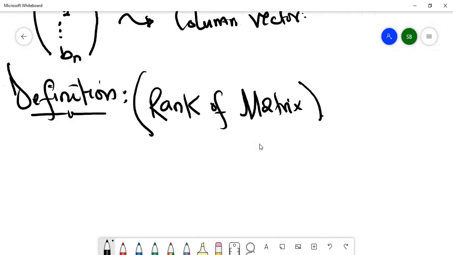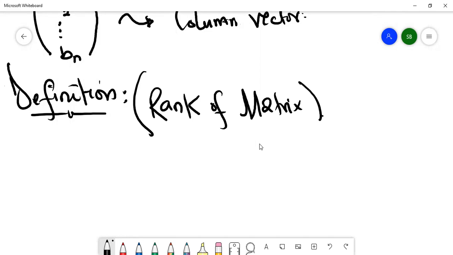Well, keep in mind that the concept of rank of a matrix is a very important basic concept for understanding properties of matrices and also linear systems of equations, which you may have encountered before now. What then is the rank of the matrix?